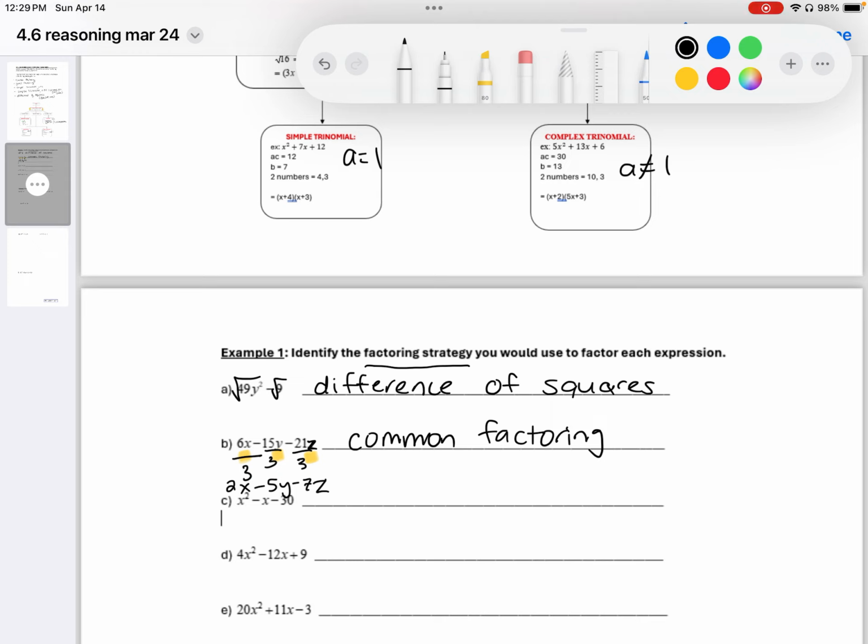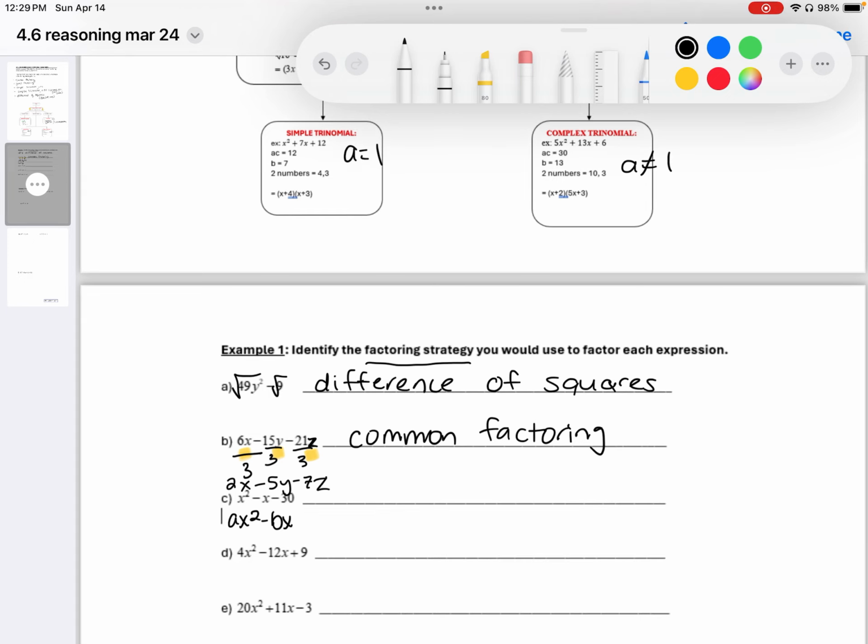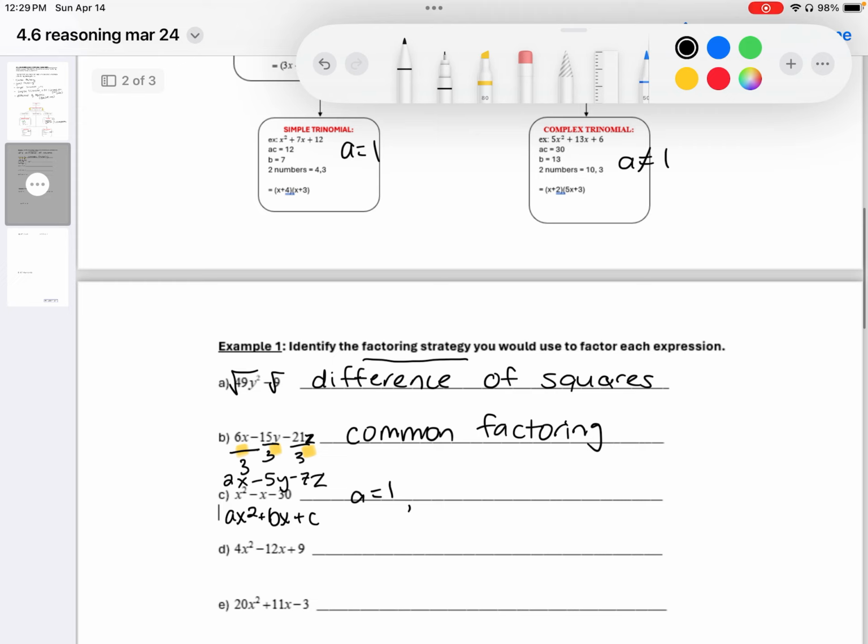Okay, and then this x squared minus x minus 30 is in standard form. A is equal to 1. So it's a simple trinomial. Whereas the next two are going to be not equal to 1, and so they are complex trinomials.